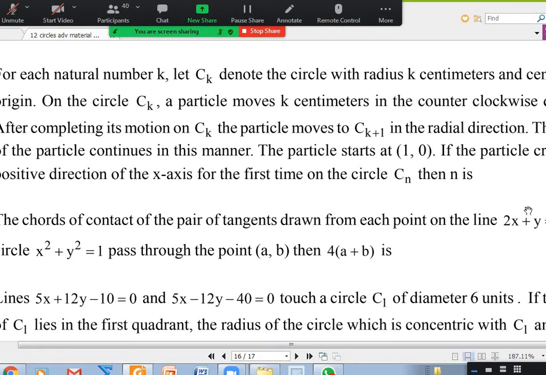I'll explain the question. I'll explain what this question 23 is.